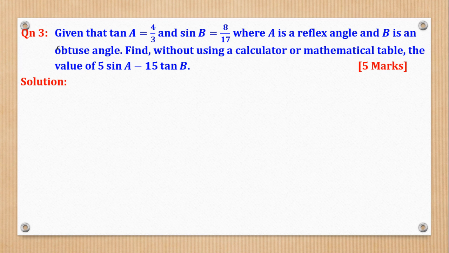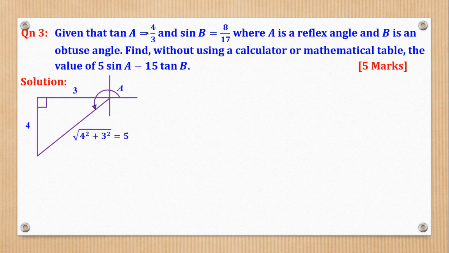For obtuse, it means that B is in the second quadrant. For reflex, it means it's either third or fourth. But because tan is positive in the third quadrant, it means that A is in the third quadrant. So I'll come and draw a quadrant for A and also the quadrant for B.